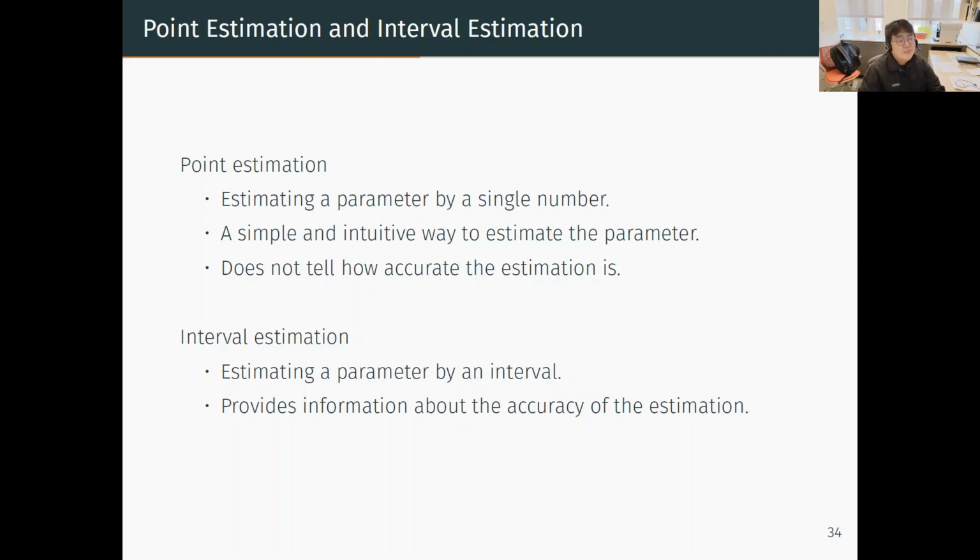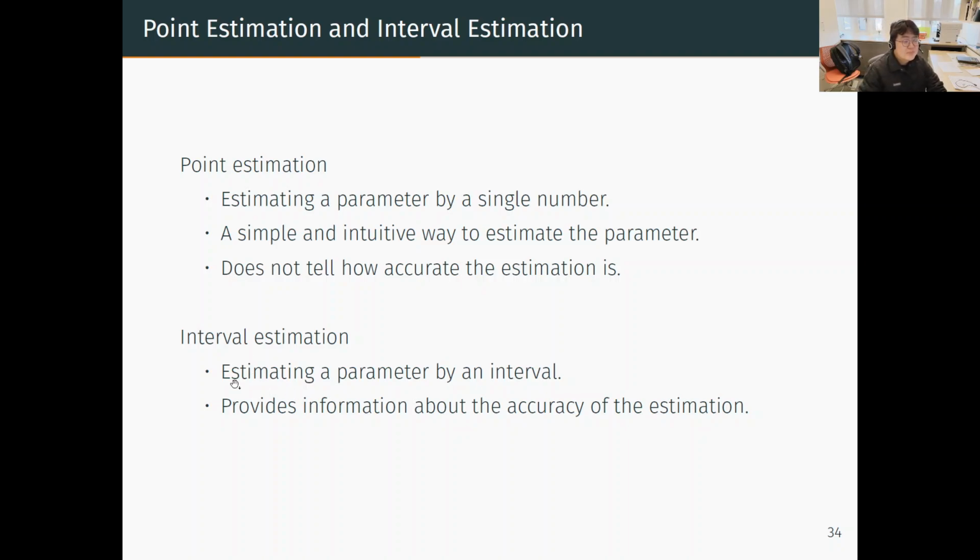But the problem is it's not accurate. Not only is it wrong, but it also does not tell how accurate your estimation is. A single point is almost always wrong, and it does not show any additional information to compensate for that. Interval estimation is better in that dimension.